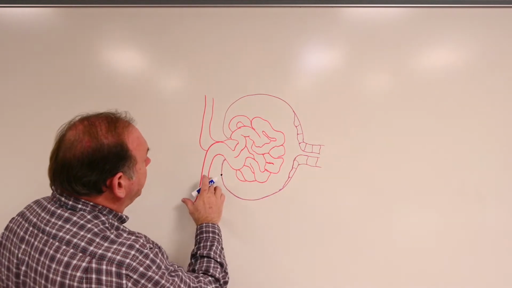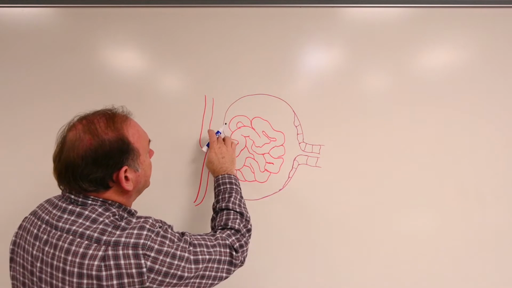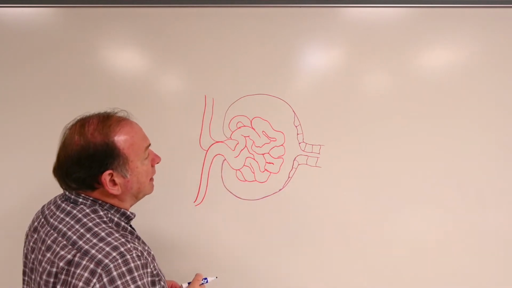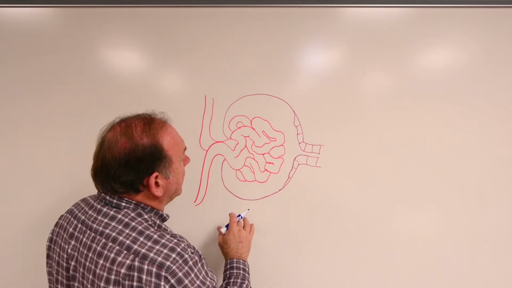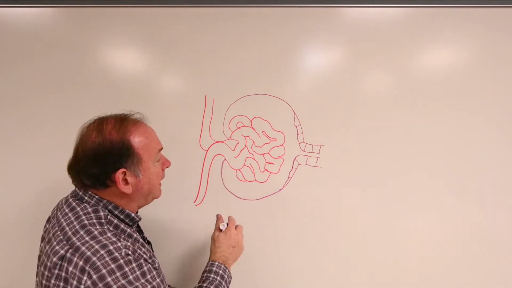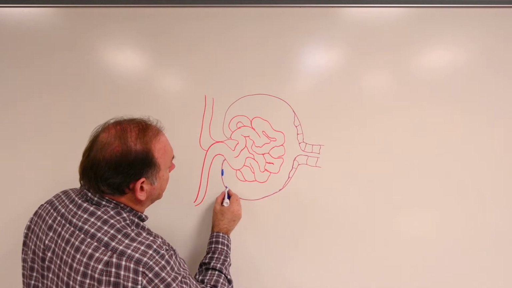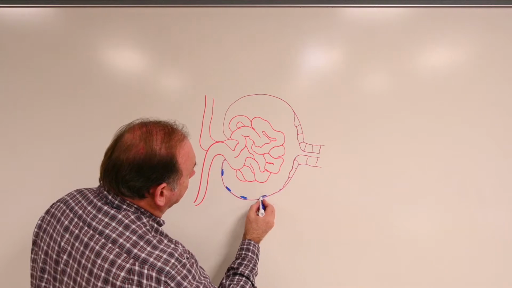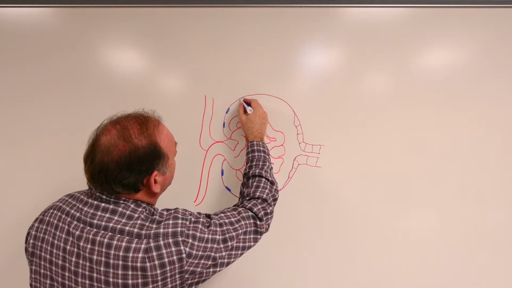So we have an afferent vessel coming in, bringing blood into the glomerulus, and then there's a vessel called an efferent arteriole leaving the glomerulus there. I'm not going to draw any nuclei in here for the glomerulus right now. We just know that it's lined with endothelium on the inside. Out here on the outside, remember Bowman's capsule had a number of simple squamous cells, and we really just see the nuclei of those simple squamous cells that form the wall of Bowman's capsule.